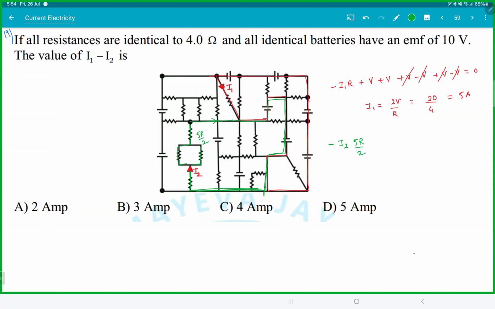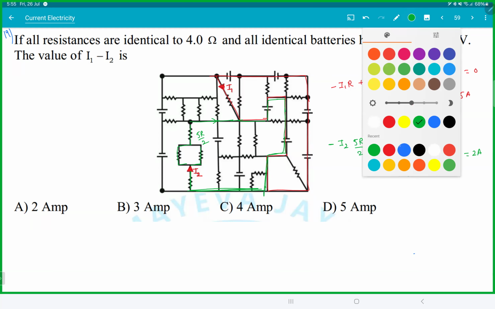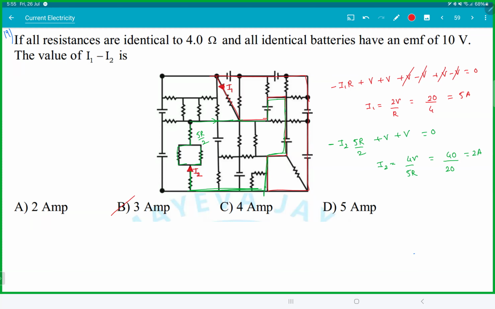That whole thing is 5R by 2. And then plus V plus V. Yep, and you're back. So I2 is 4V by 5R. That's 40 by 5R is 2 amperes. So you want I1 minus I2. That's 3 amperes.